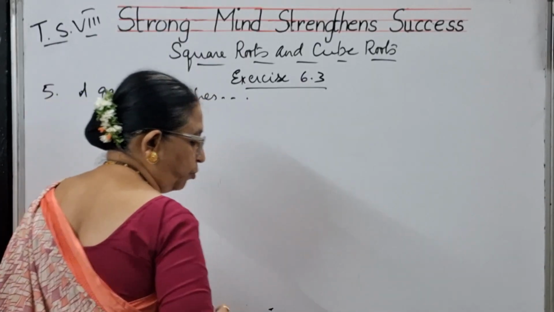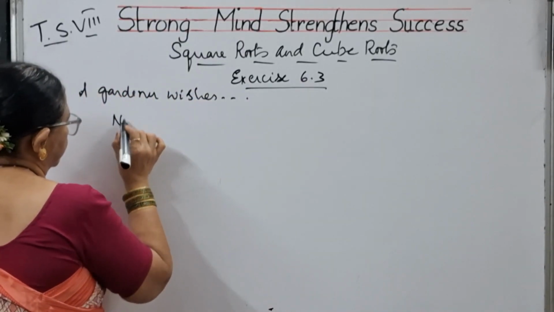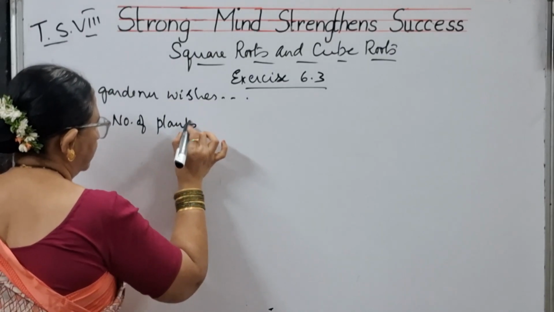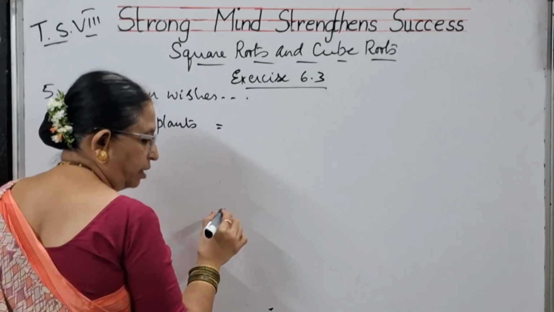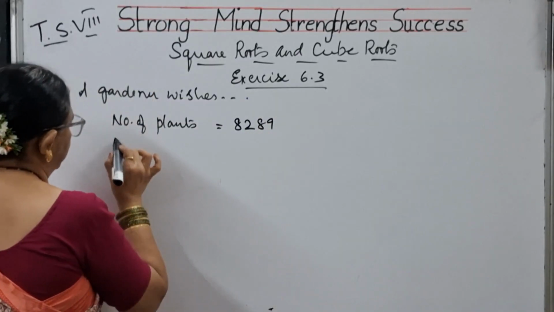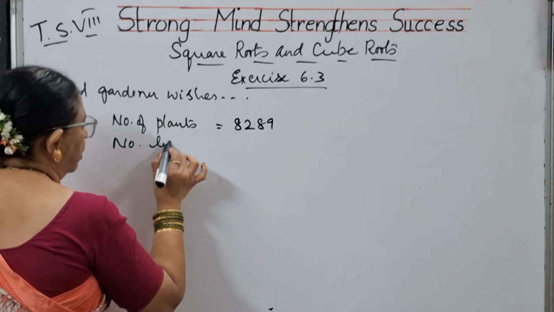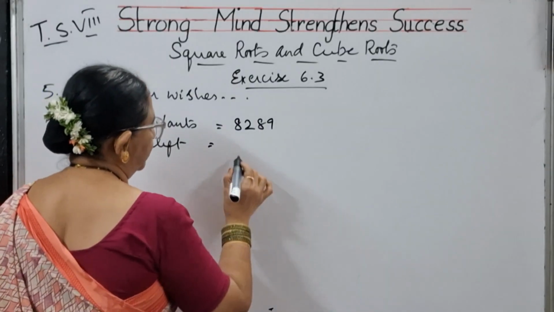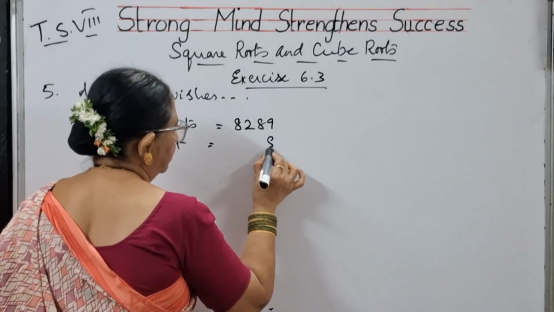So the number of plants is nothing but 8,289. The number left after arranging them, how many are left? That is 8 plants left.